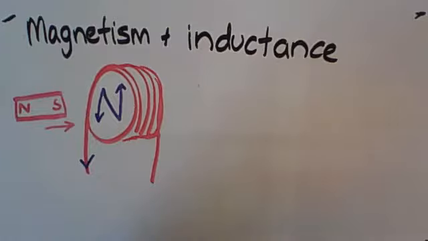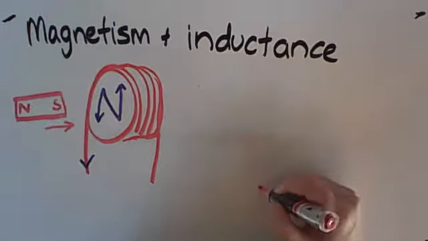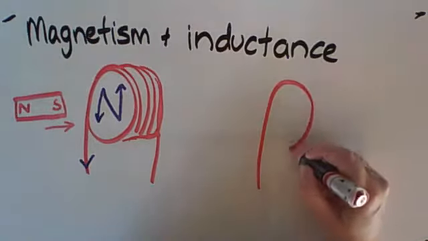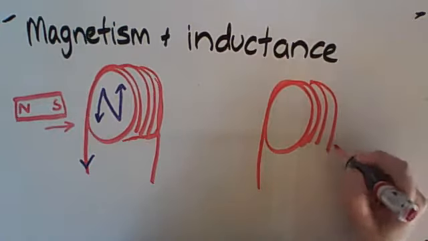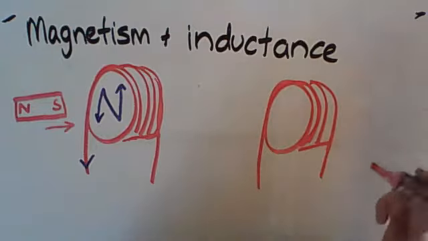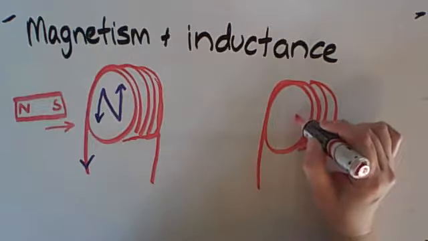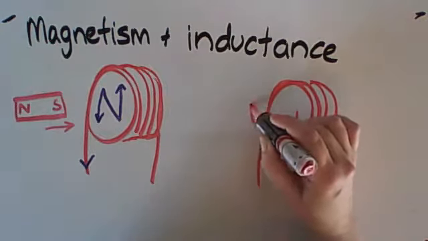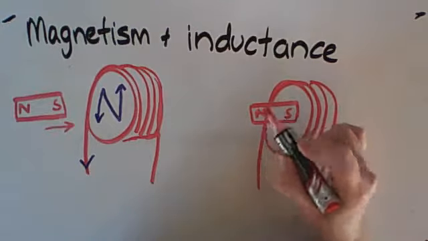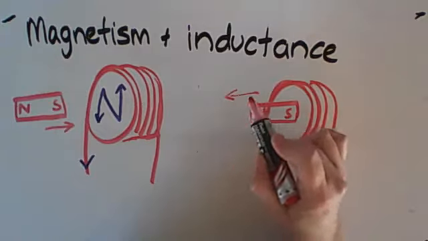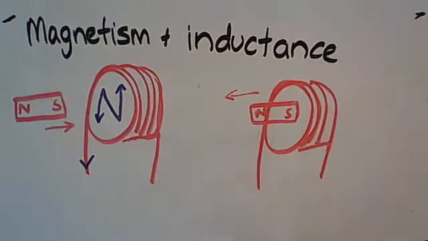However, if we then go on to our same coil, and this time the magnet is inside and we're pulling it out, okay? Now the coil has a magnetic field inside it. We've forced the magnet in there.